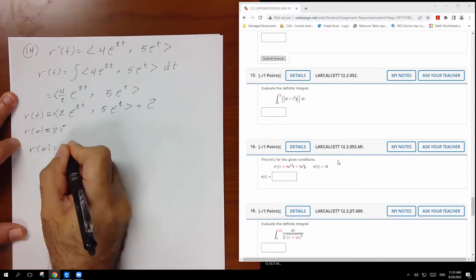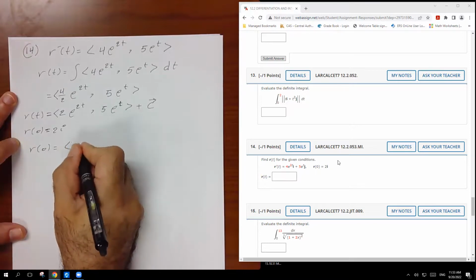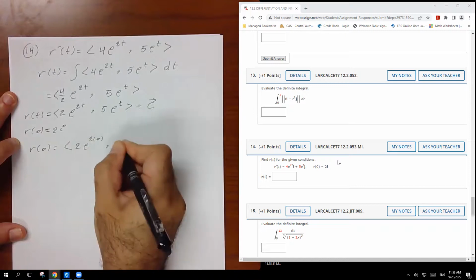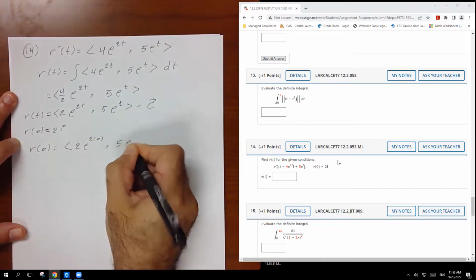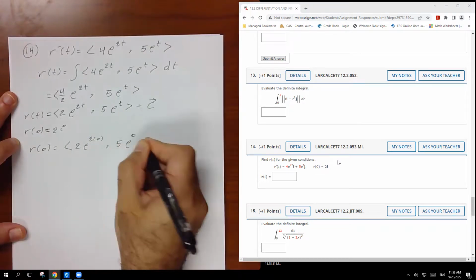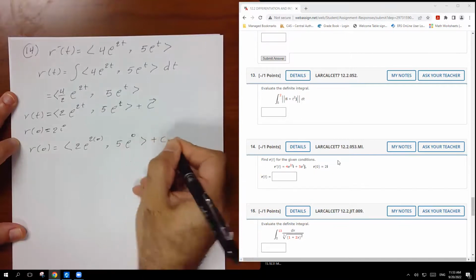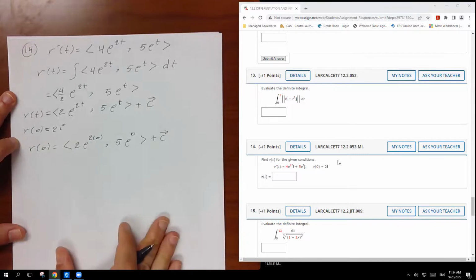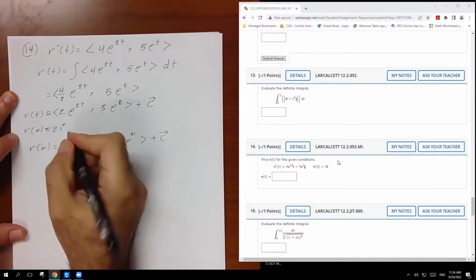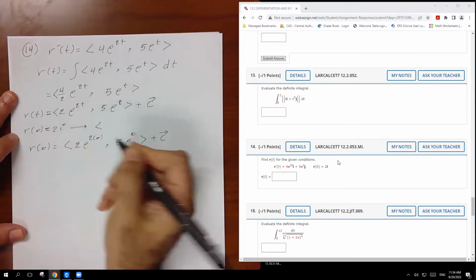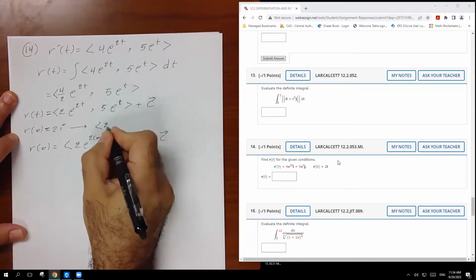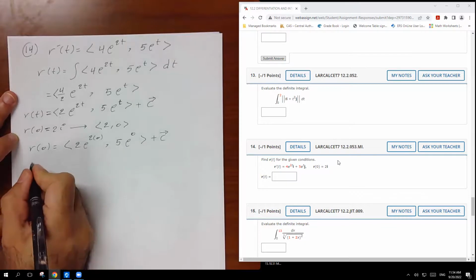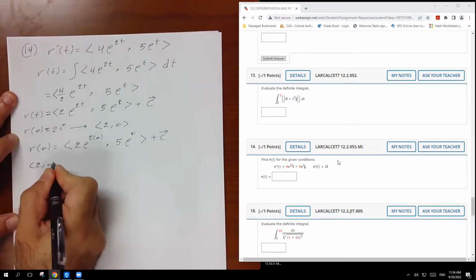r of 0 is going to be 2e to the 2 times 0 and 5e to the 0, plus the vector c, which is c1, c2. It's a vector. R of 0 is 2i, which means it's a vector: i is 2 and j is 0. So this is 2 and 0.